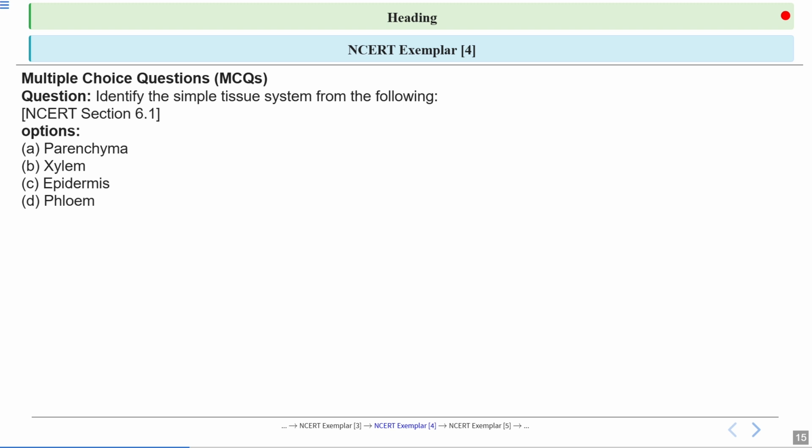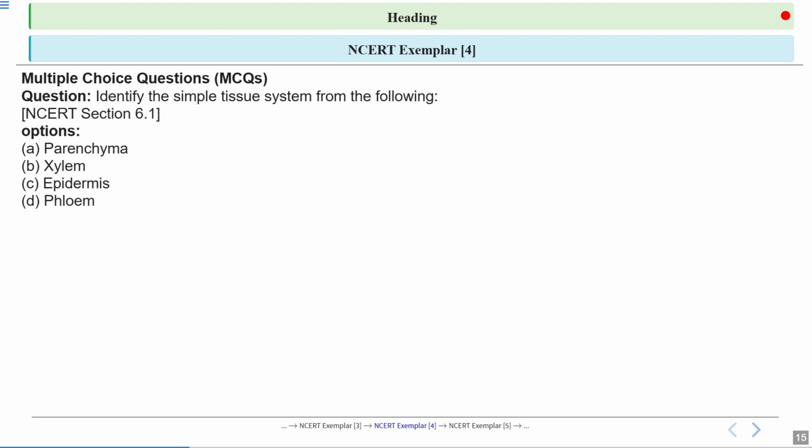When they are needed, they become very active, but when not needed, they divide slowly. That is called quiescent. They are situated between the root cap and the differentiating cells of the root, right?